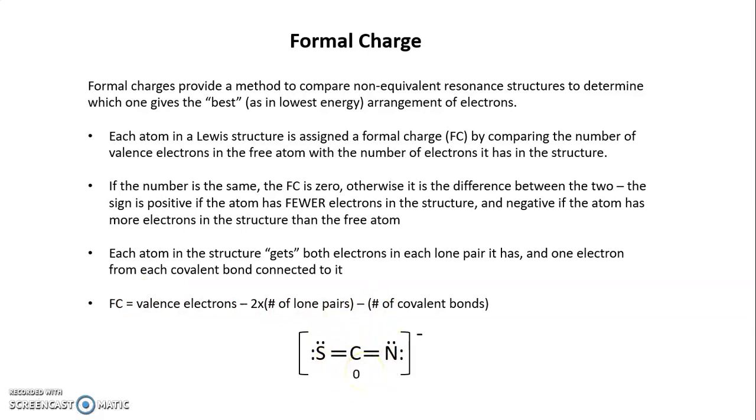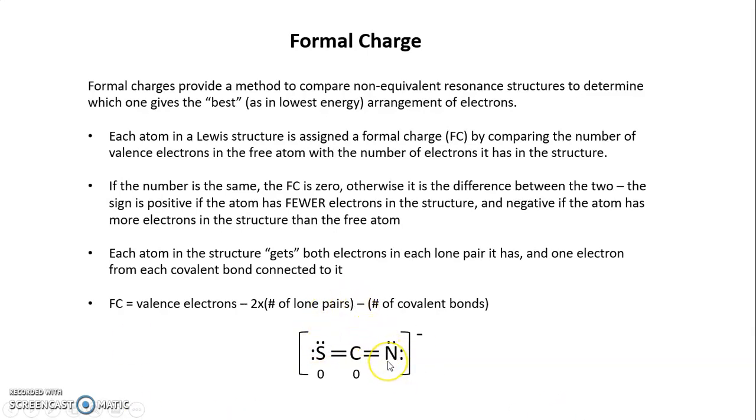The number of valence electrons in both is the same. For sulfur, if we do the same thing, sulfur is right below oxygen on the periodic table. It has 6 valence electrons. We have 2 lone pairs here, so that's going to account for 4 electrons in the structure. And then there's 2 covalent bonds, that's 2 more, so that's also 6. So again, we are going to see a formal charge of 0 for the sulfur.